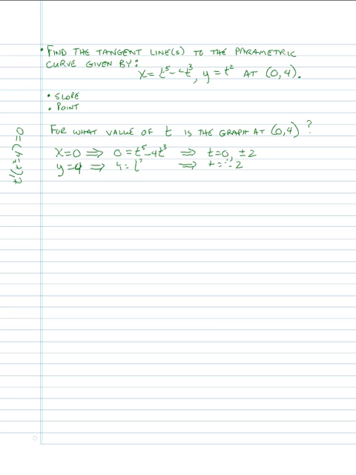So the issue is that when t is either positive or negative 2, the graph is at the point 0, 4. When t is 0, we have a different y value. We have a y value of 0. So that doesn't follow then, does it? So there are actually 2 different t values where we're at that point.